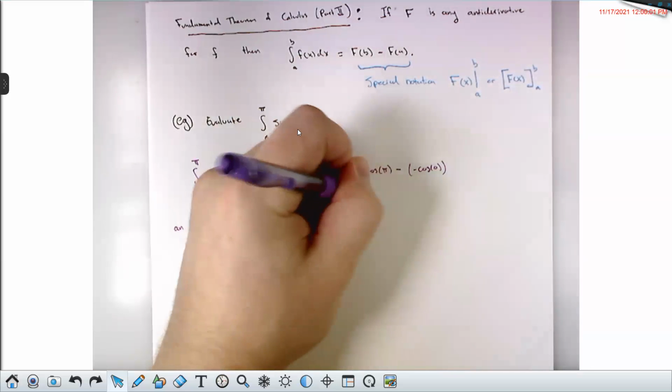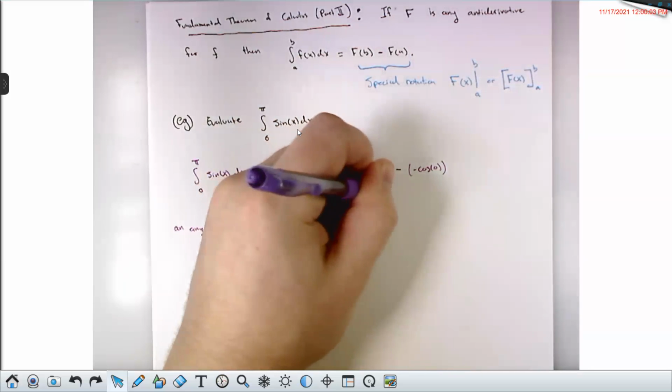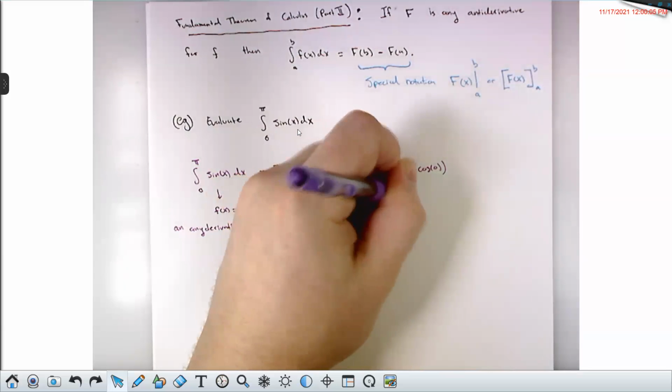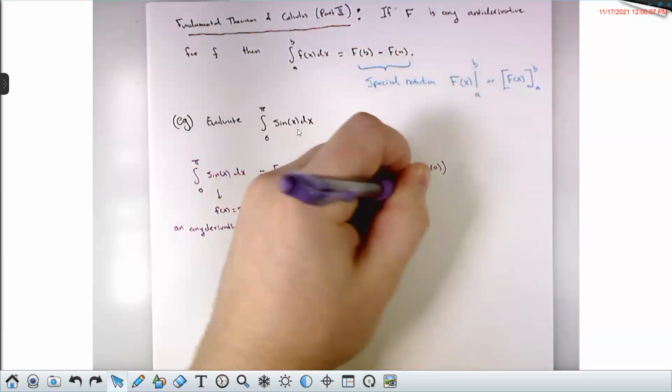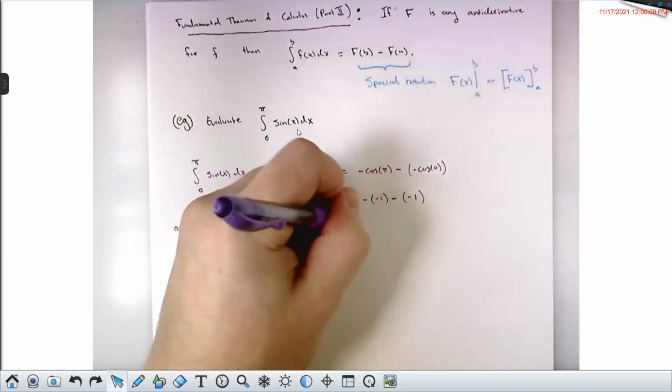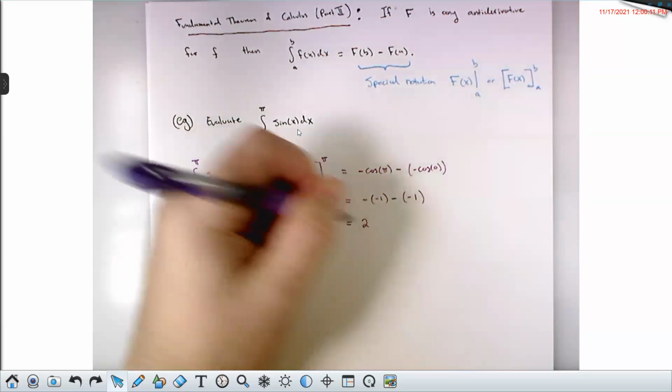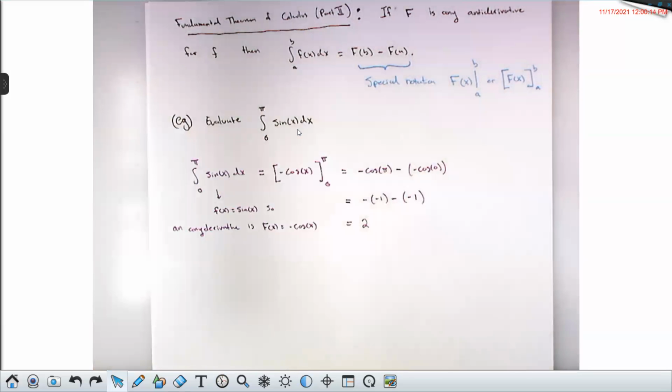The cosine of pi is -1, so this is negative -1 minus negative cosine of 0, which is 1. So that's 1 plus 1, which is 2. So the exact area under the sine curve from 0 to pi is 2.